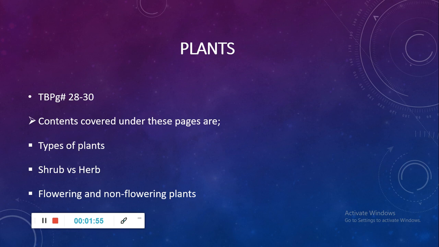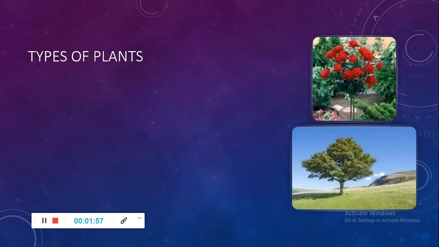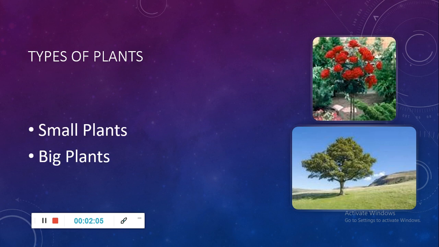Now we will study them one by one. First, types of plants. What are the types of plants? Small plants and big plants. Here you can see this one is a small plant.